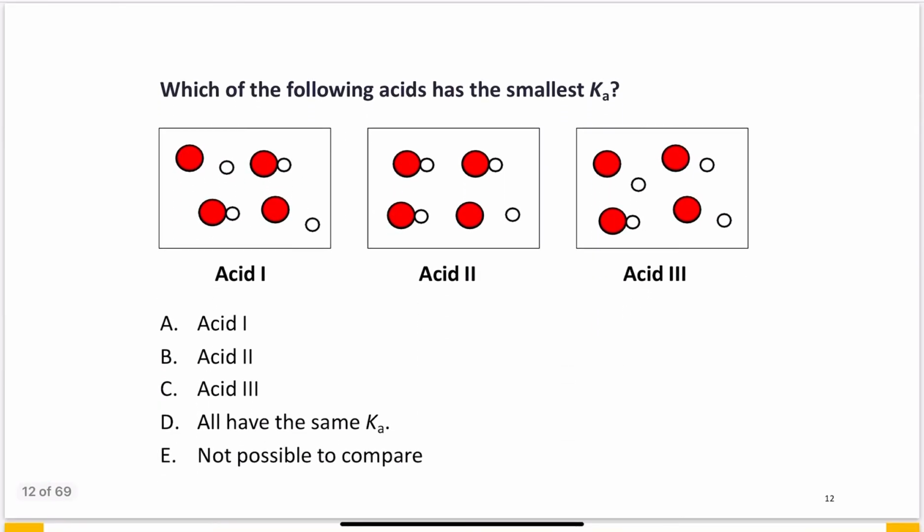So let's look at a quick example here. Which of the following acids has the smallest Ka value? Ka, I know I have not clearly defined this yet. Ka is very similar to Kc. The difference is the A stands for acid. We calculate it the exact same way. It's the concentration of products divided by reactants.